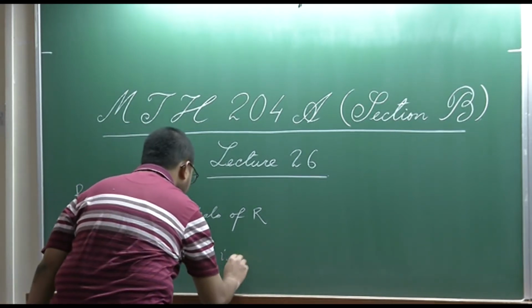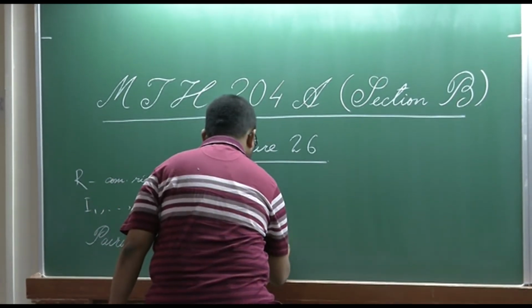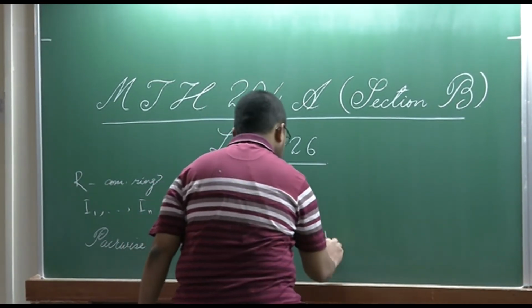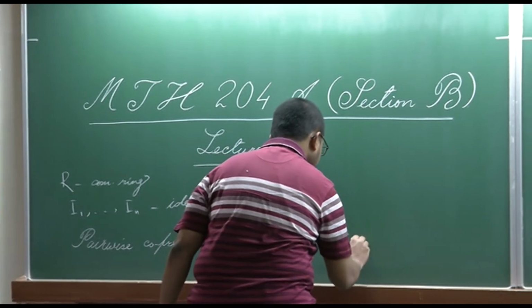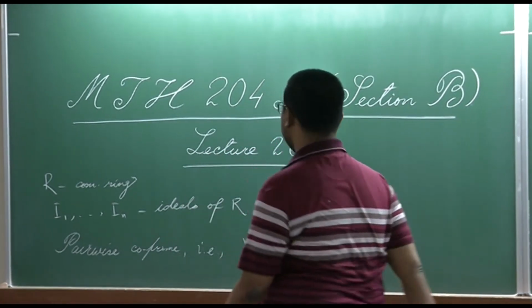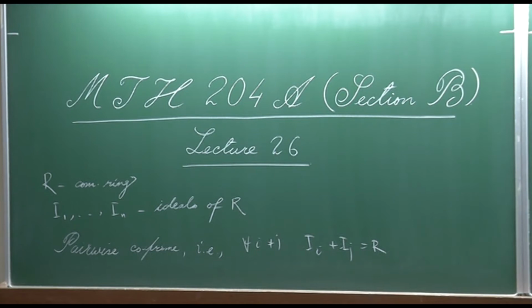That means for all i not equal to j, Ii plus Ij is the whole of R. So, this is the setup that we have.